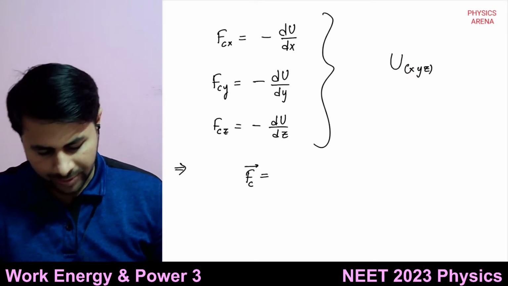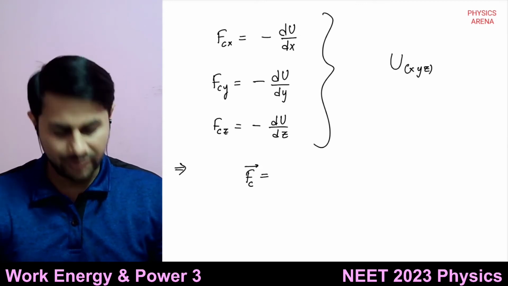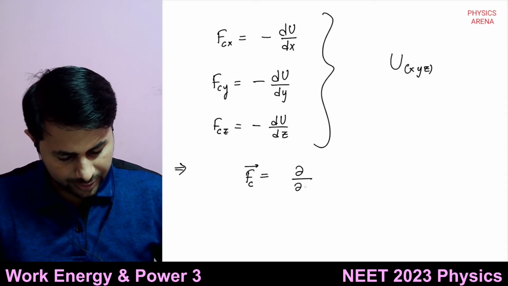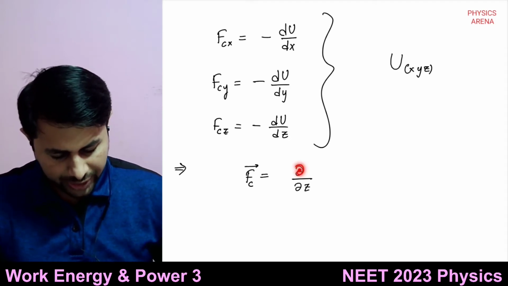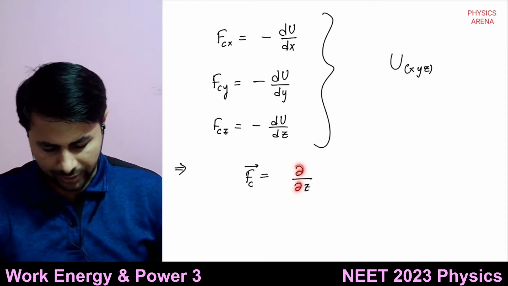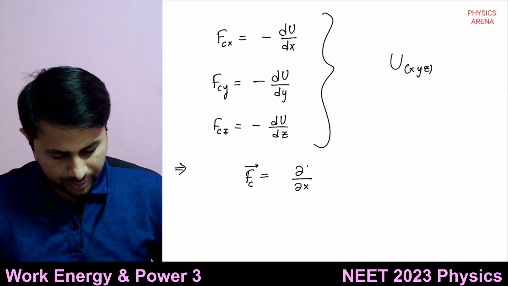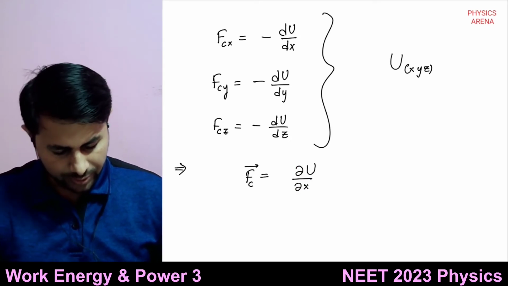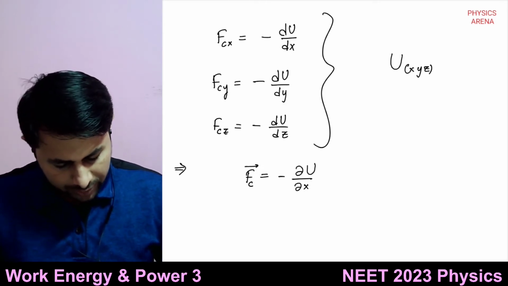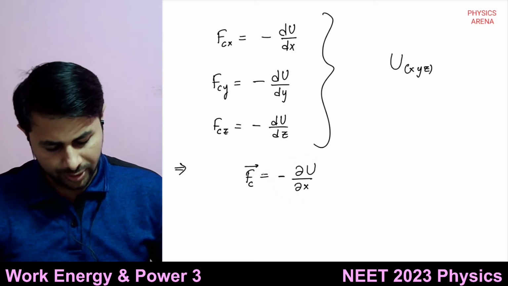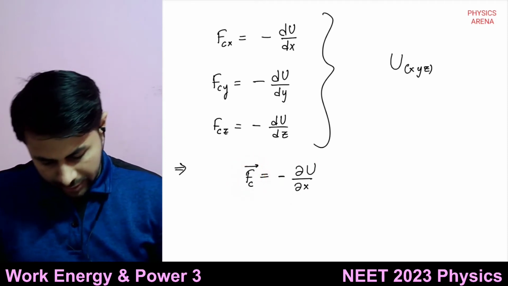This kind of derivative is known as a partial derivative, and it is written like this. With respect to x, this will give you the x component of the conservative force.